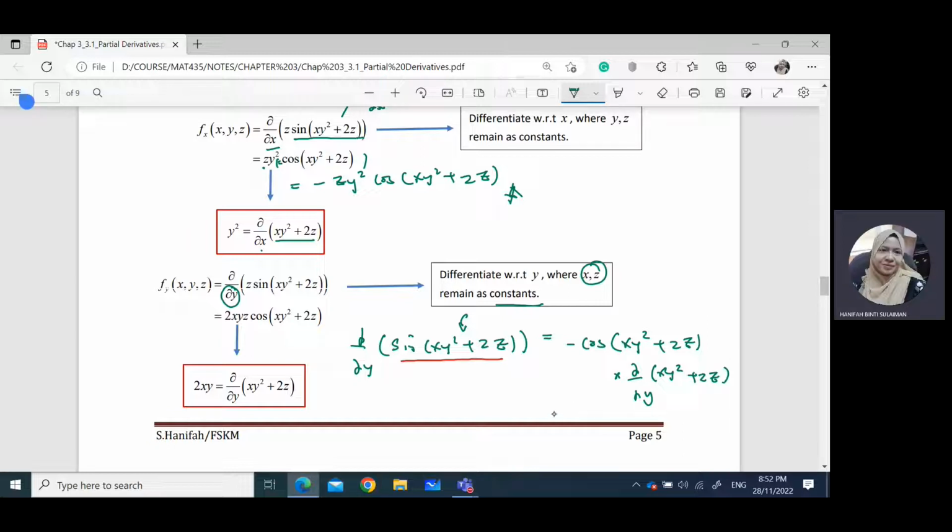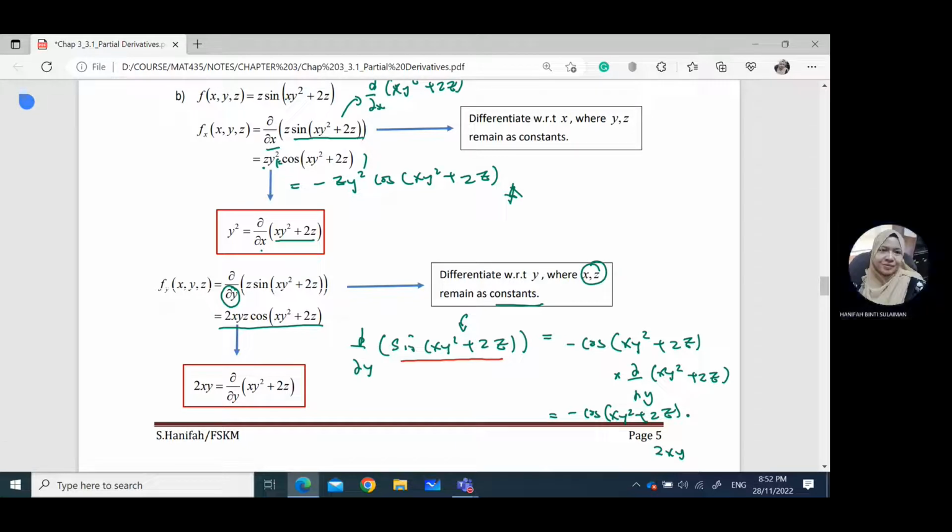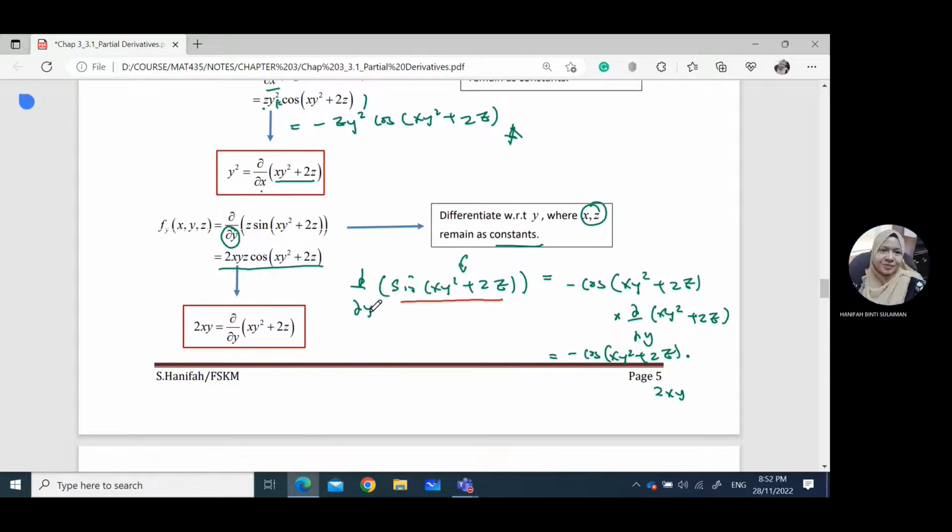Then here we have 2xy. Okay, 2xy. So therefore, we have this answer, which is 2xyz cosine of xy squared plus 2z.